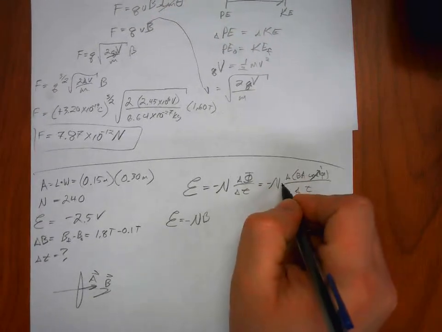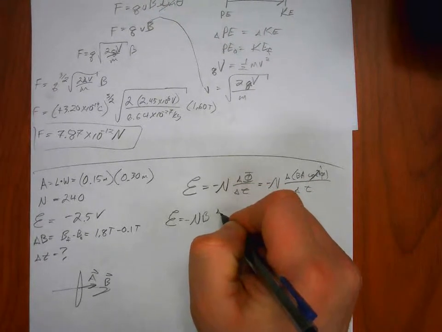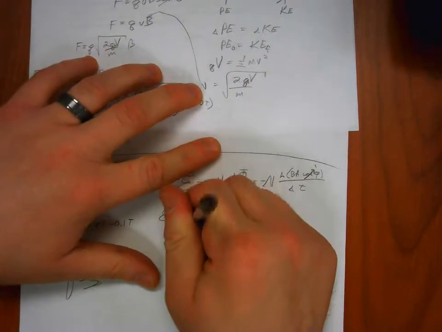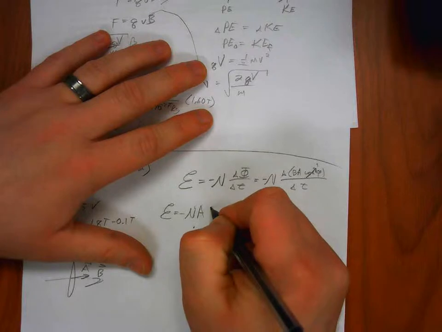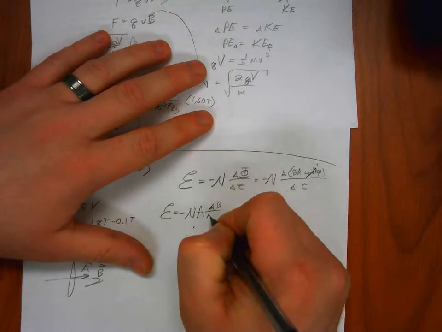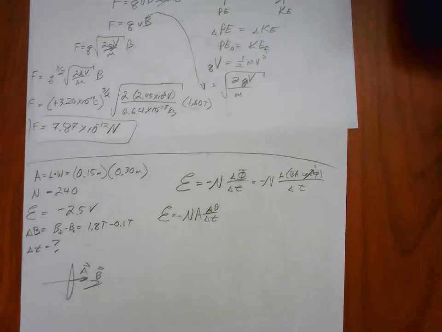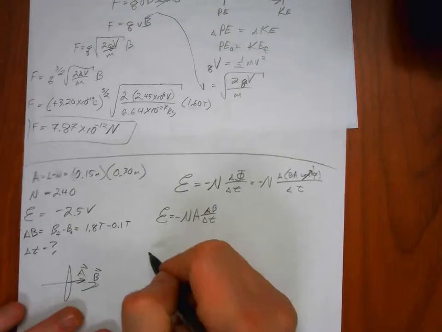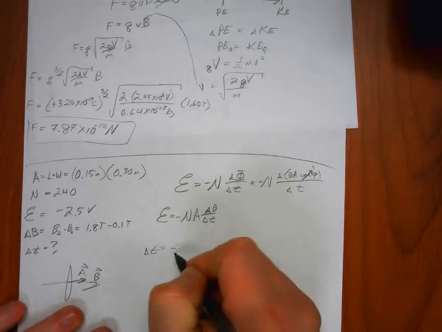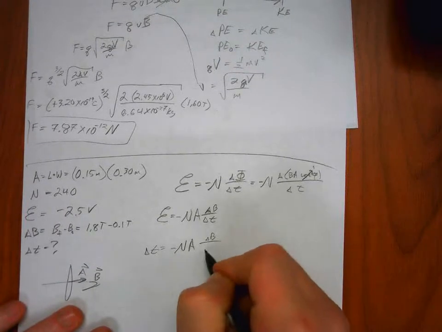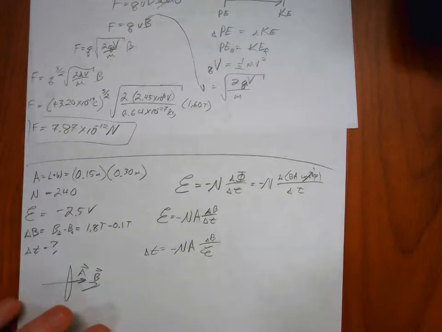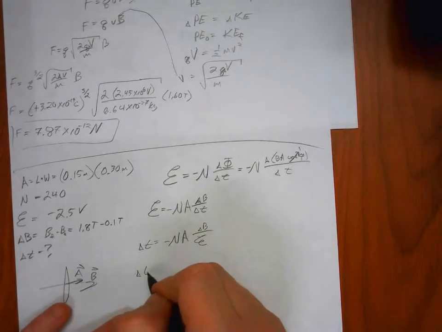So negative NB, pull the area out because that's not changing. So that's delta B over delta T. So I'll solve for delta T. And now it's just a matter of plugging in numbers.